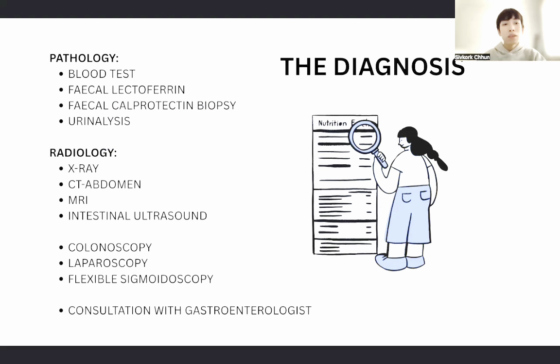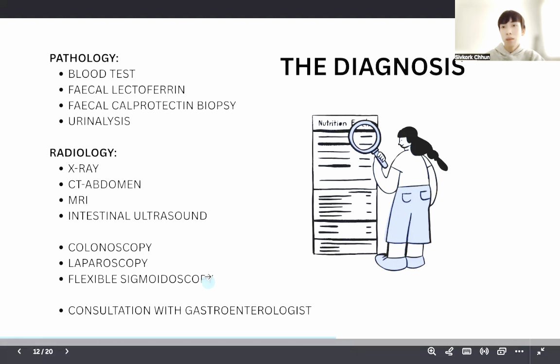Then radiology: we have X-ray, CT abdomen scan, MRI, and intestinal ultrasound to capture the image of the large intestine to observe any inflammation that affects the colonic lumen wall. And then colonoscopy, laparoscopy, or flexible sigmoidoscopy. These are also diagnoses.